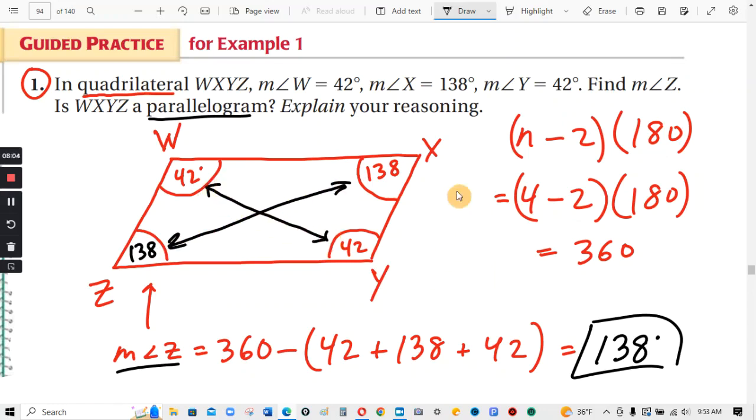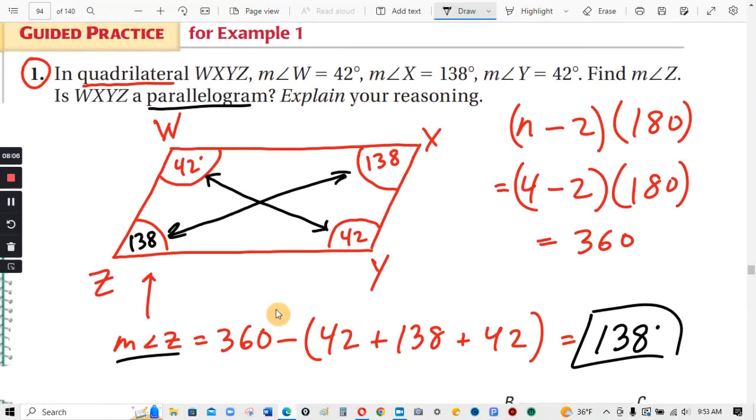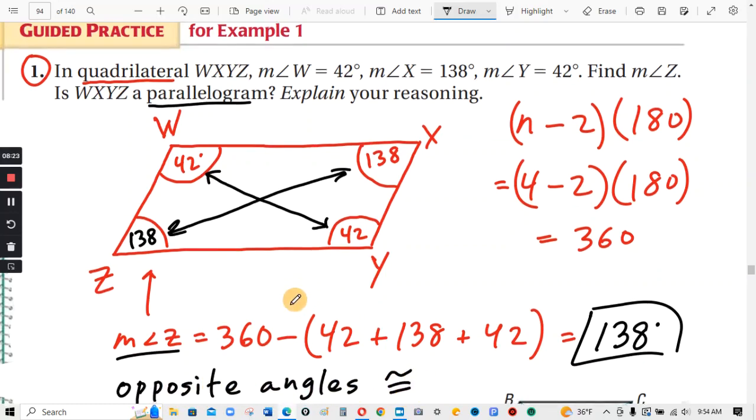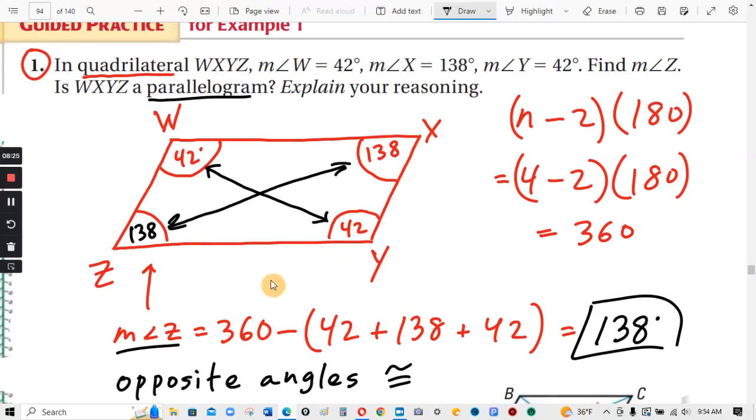So what we have here is opposite angles congruent. Once again, it has to be both pairs, not just one pair. Opposite angles are congruent. So is it a parallelogram? The answer is yes, because opposite angles are congruent. That proves it.